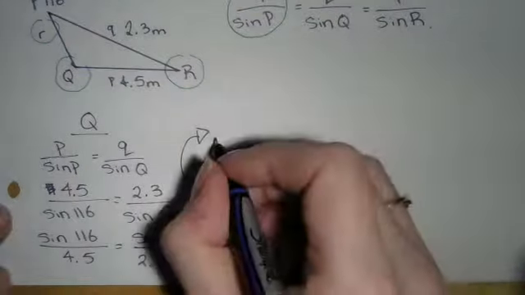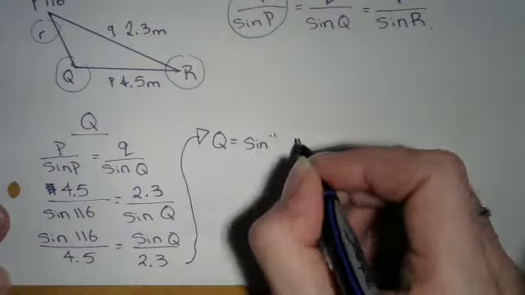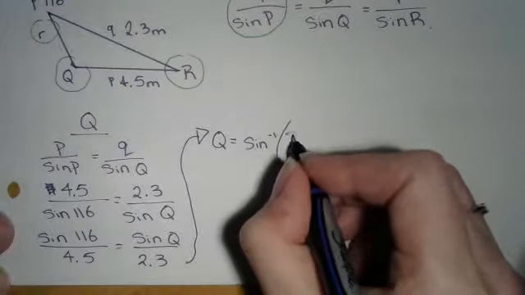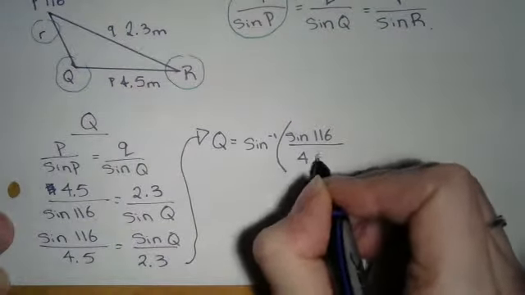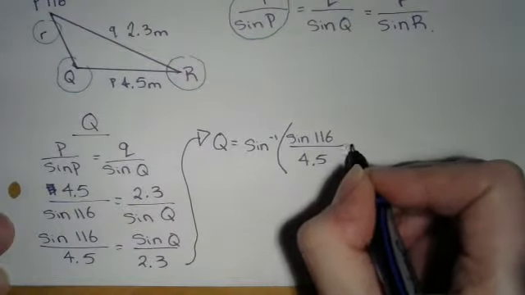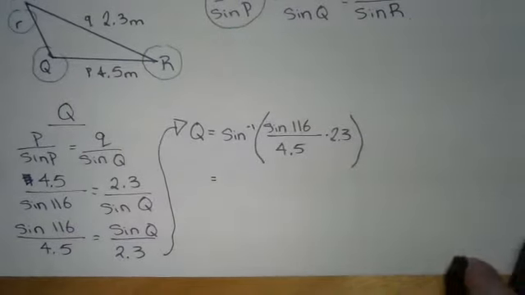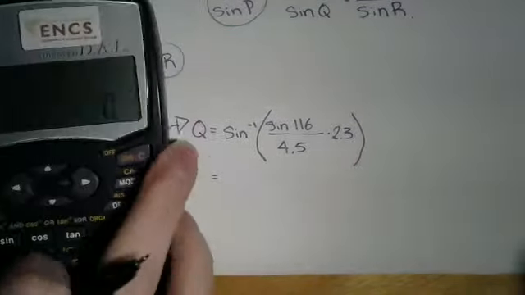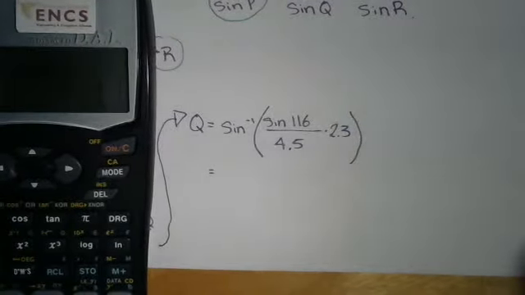If we quickly rearrange this, Q is going to equal sine negative 1 of sine 116 divided by 4.5 multiplied by 2.3. So Q is going to equal sine negative 1. You can do this all in one calculation, or you can break it up. Doesn't matter.